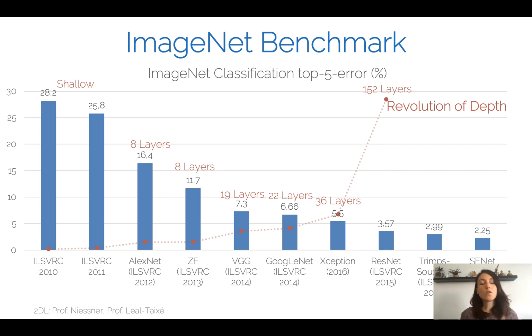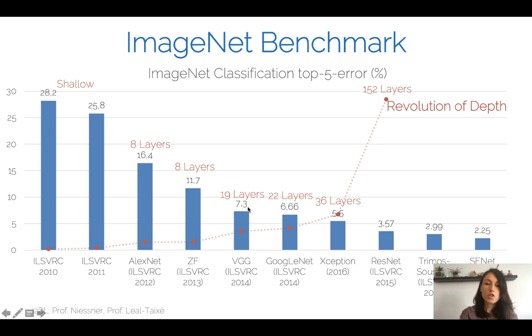So after seeing all of these architectures, we go back to the ImageNet challenge. And we see here the evolution of the ImageNet classification top 5 error. Of course, the smaller the better. We see how we started with AlexNet, 8 layers. This architecture already reduced the error by quite a lot compared to non-CNN methods.